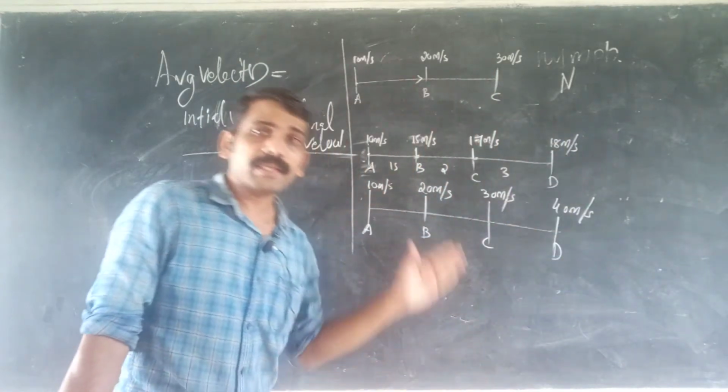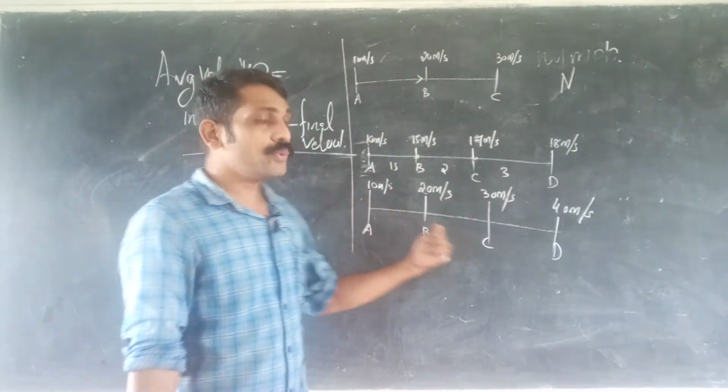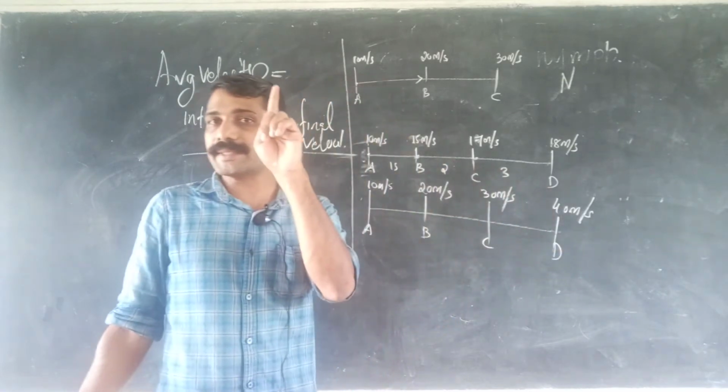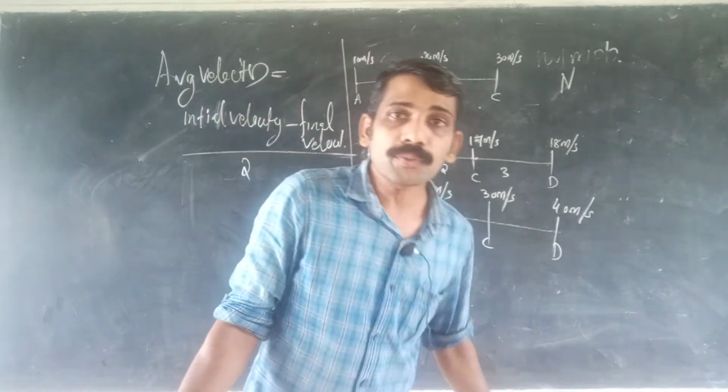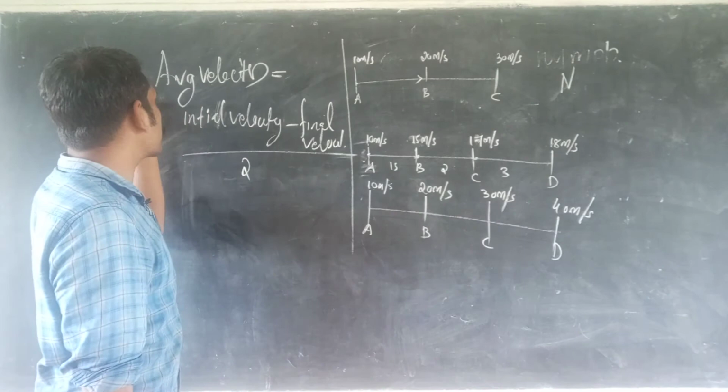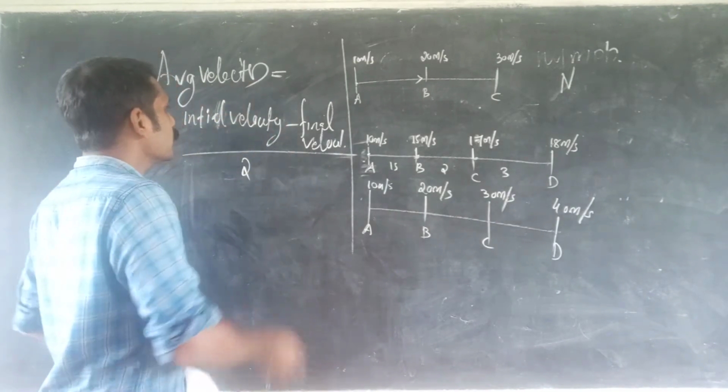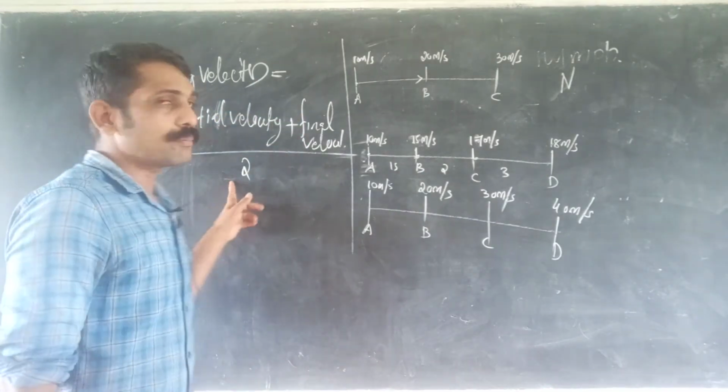If the velocity is changing at a uniform rate, then average velocity is found by initial velocity plus final velocity divided by 2.